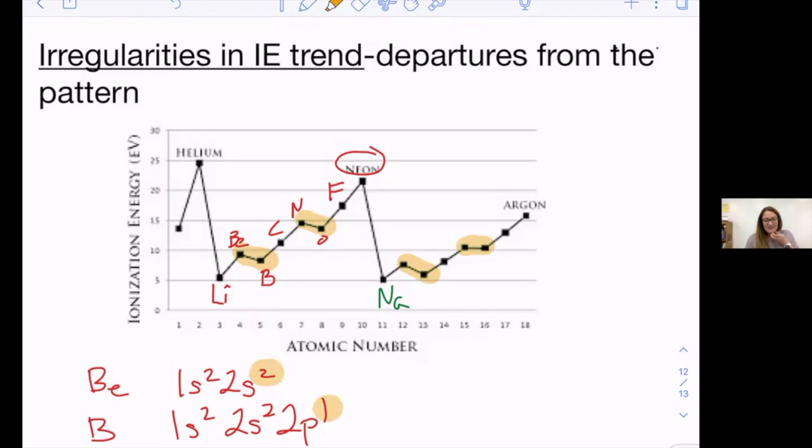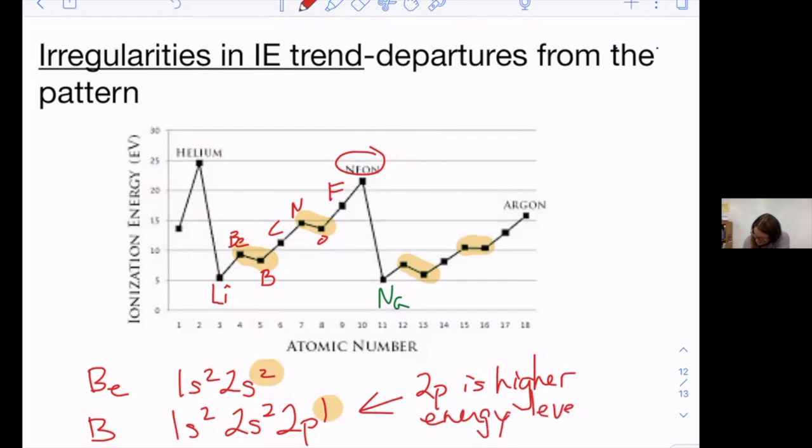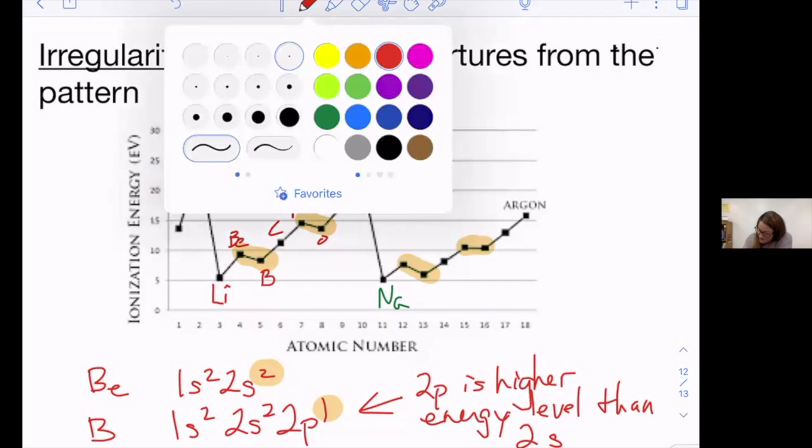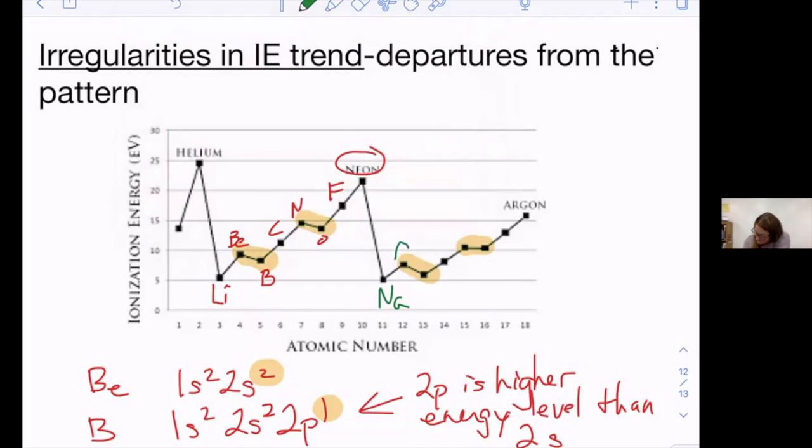And the number of protons increased and it's pulling hard on them, but the fact that it comes from a different subshell makes a difference. The reason why is the 2p is a higher energy level than the 2s, making it slightly easier to remove that electron than to remove beryllium's electron. We see a similar pattern in going from magnesium to aluminum.